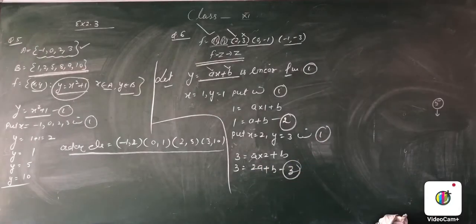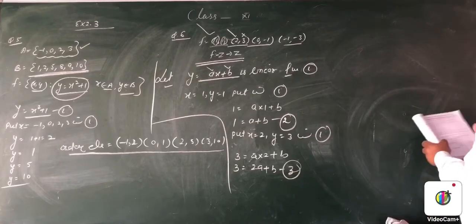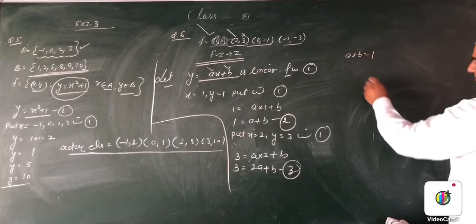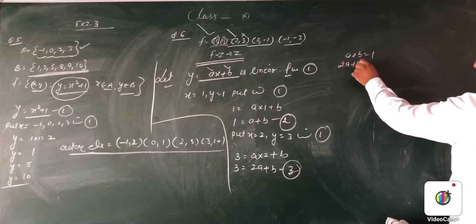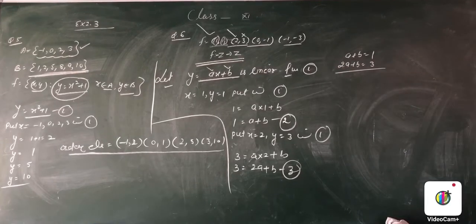Now we solve these two equations for a and b. So now a + b = 1, 2a + b = 3. Solve both these equations by any method we discussed in class 10.